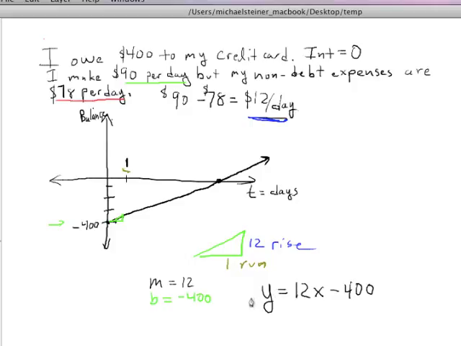And at what point will our debt, well, I'm sorry, not ours, I'm sorry to include you in my debt. It's all mine. At what point will my debt be equal to 0? It will be when y is equal to 0.